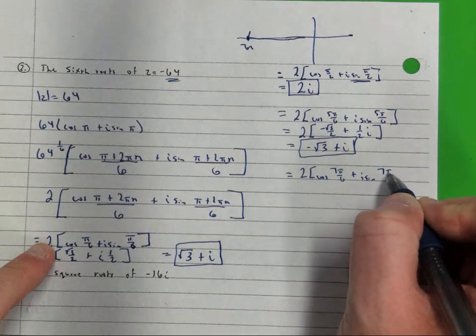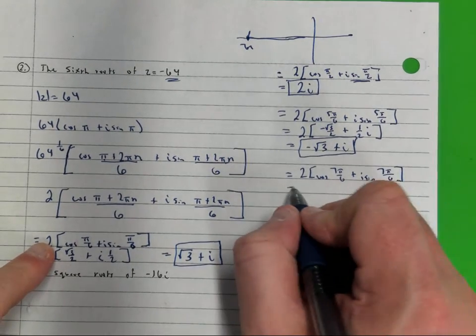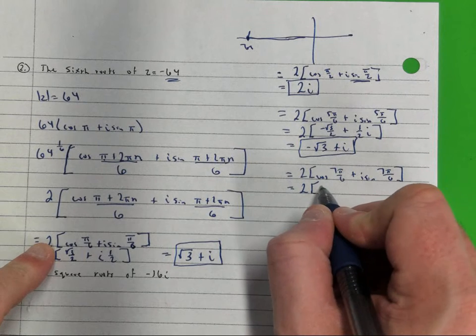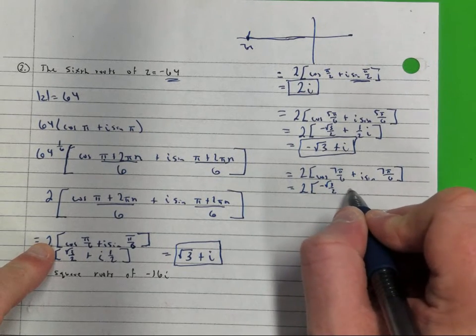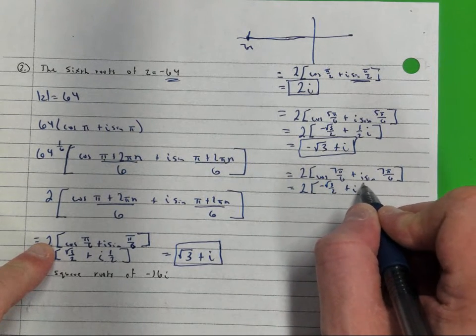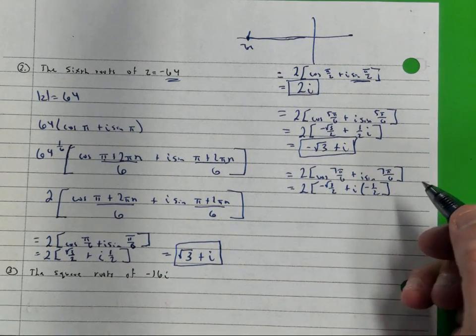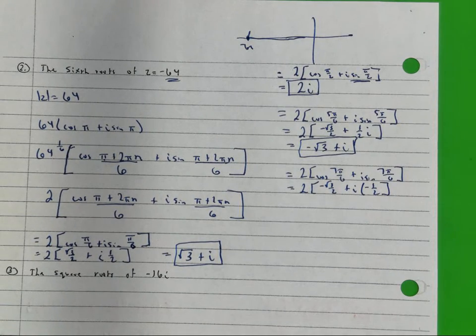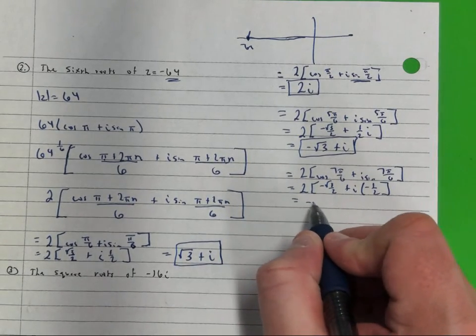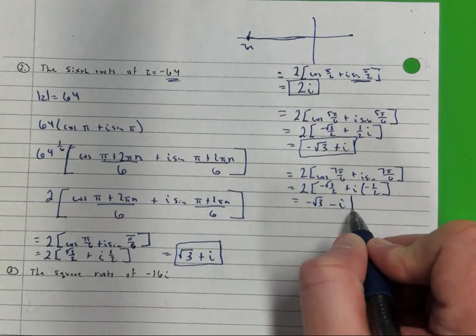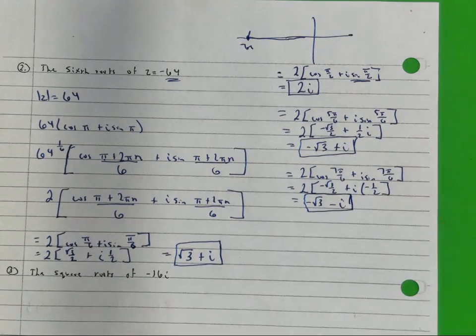Now we know why we have Tricky Tuesday every Tuesday. Cosine of 7 pi over 6 is negative root 3 over 2. Alright, that would give me a negative root 3 minus i. There's your fourth answer.